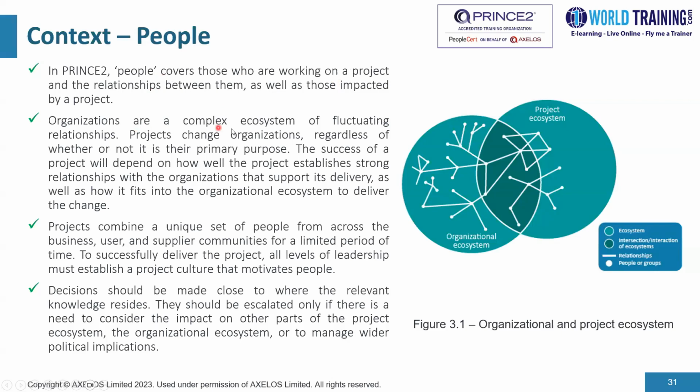Now, organizations are complex ecosystems of fluctuating relationships, and projects change organizations regardless of whether or not it is their primary purpose. Now, the success of a project will depend on how well the project establishes strong relationships with the organizations that support its delivery, as well as how it fits into the organizational ecosystem to deliver the change.